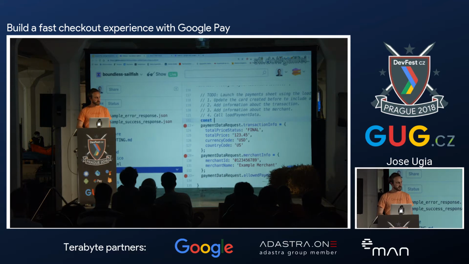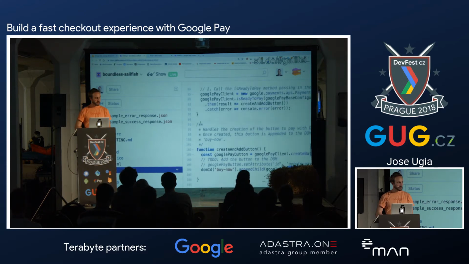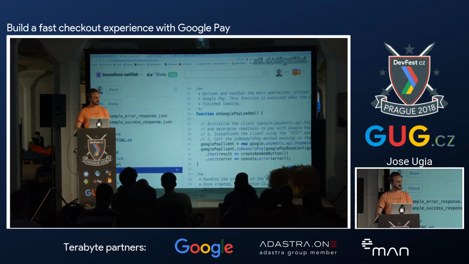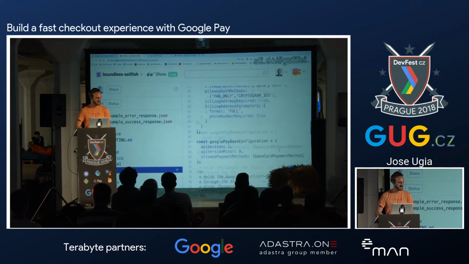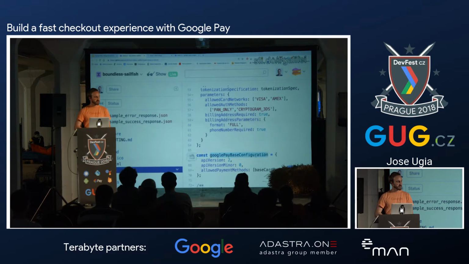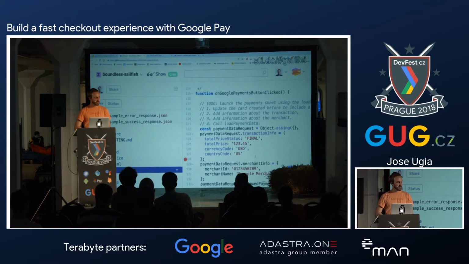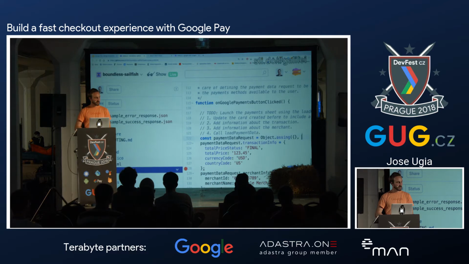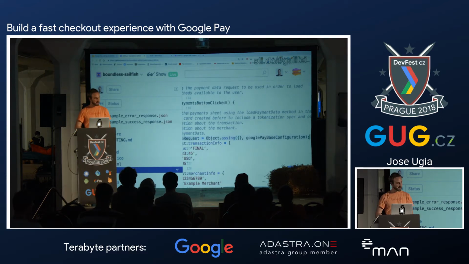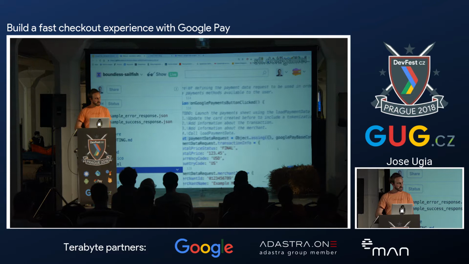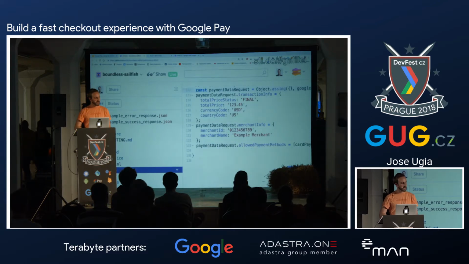The last thing that we need to do is pass that to the load payment data API, right? Before that, we're going to copy the object that we had already. It's much easier to do this when you're not up here. Actually, I didn't make any mistake in my last rehearsal. Let's get the base configuration that we had before, because we need all the other objects that we had already pre-created, and to that, we're adding this: the transaction info with the price and currency, and the merchant info.